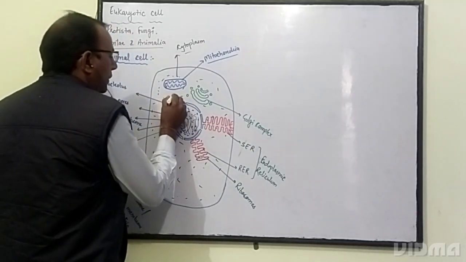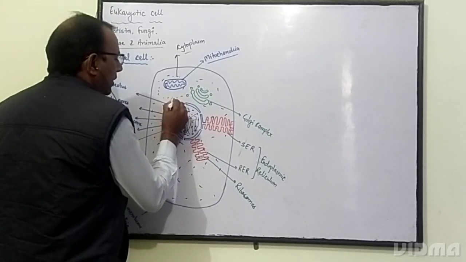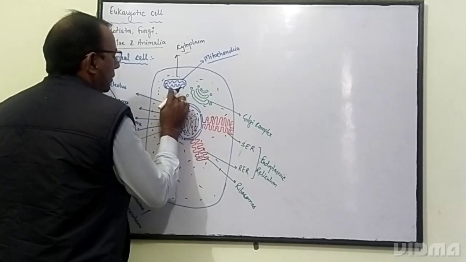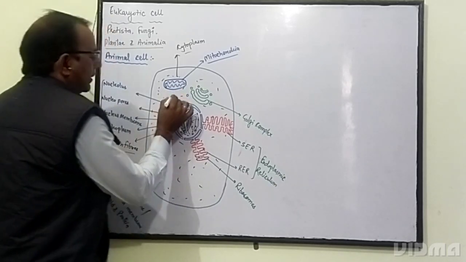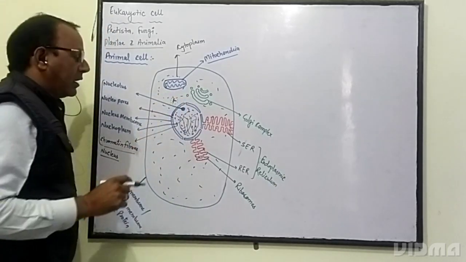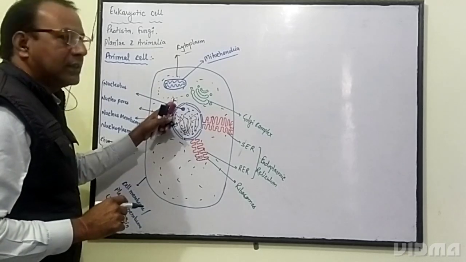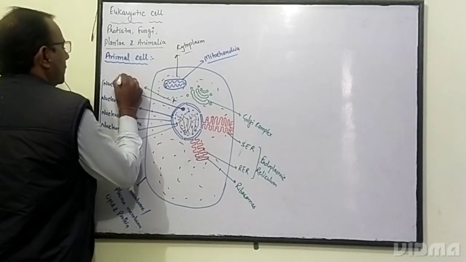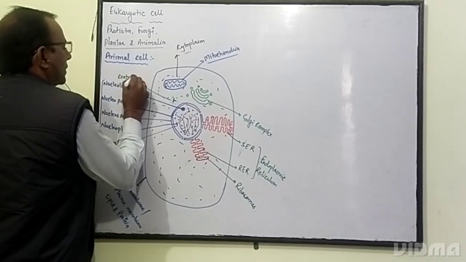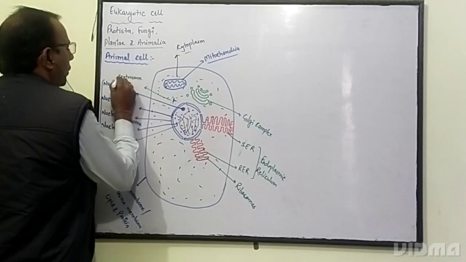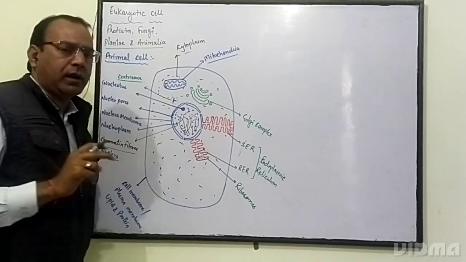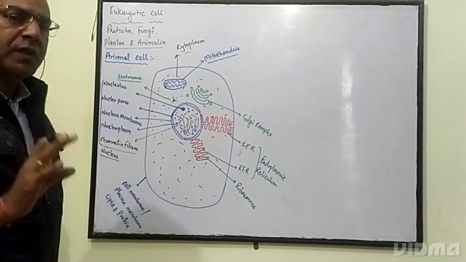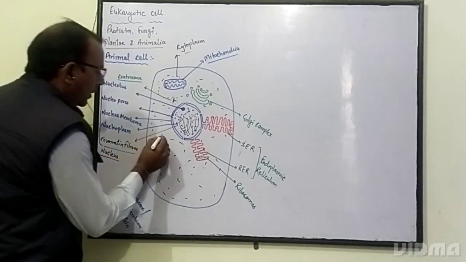The centriole contains 9 pericentriolar tubes, and these together make the centrosome. The centrosome is present only in animal cells; in plant cells there is no centriole or centrosome.